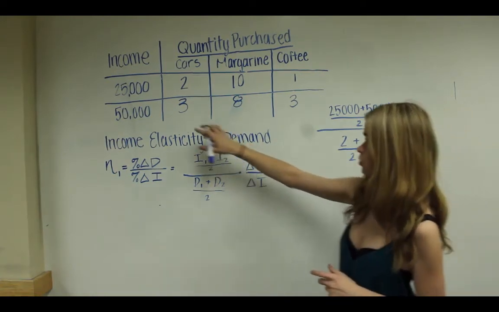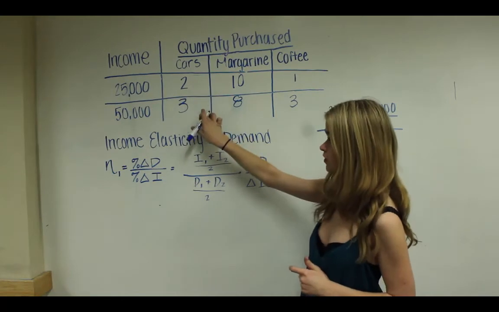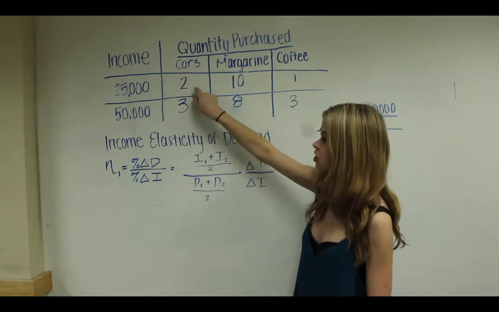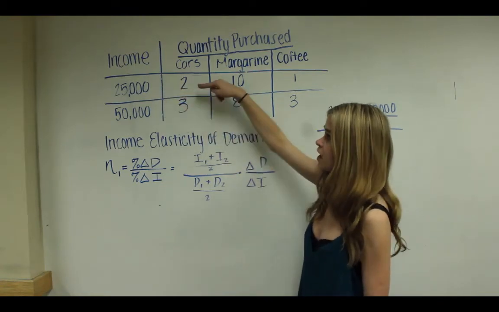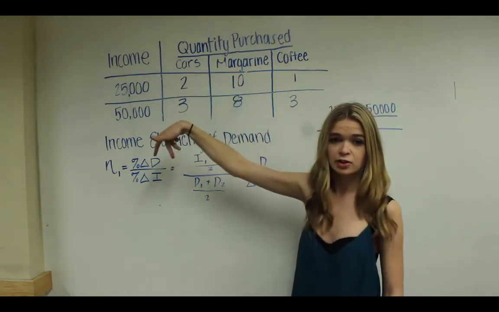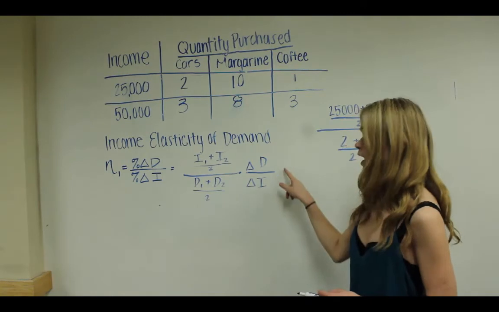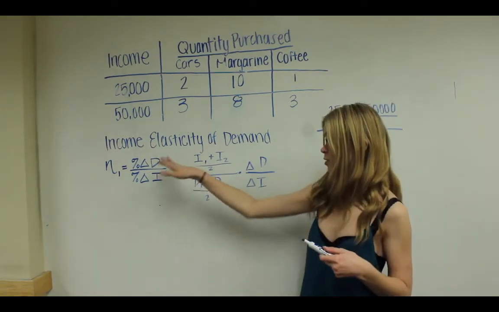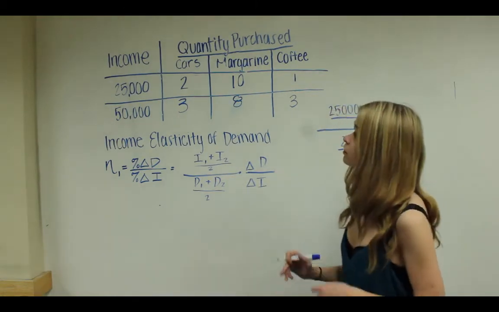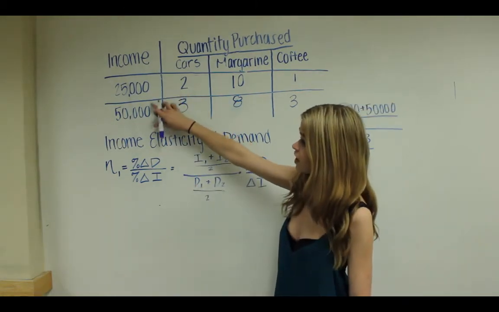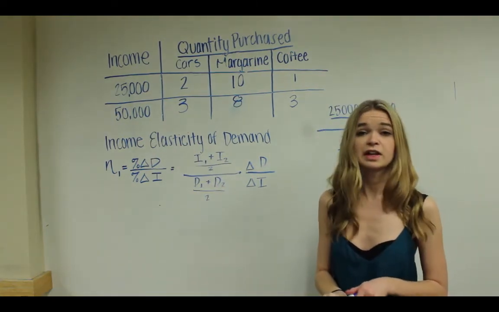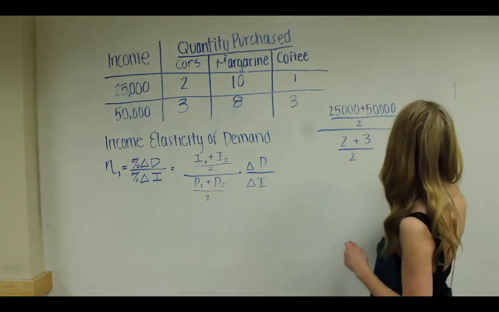So when we're finding the change, we want to go in the same direction on both of them. So we don't want to calculate from 25 to 50 and 3 to 2. We want to do 25 to 50 and then 2 to 3. So moving in the same direction so that we can figure out how the changes affect whether or not the income elasticity is positive or negative. So as we move from 25,000 to 50,000, we have a $25,000 increase in income.